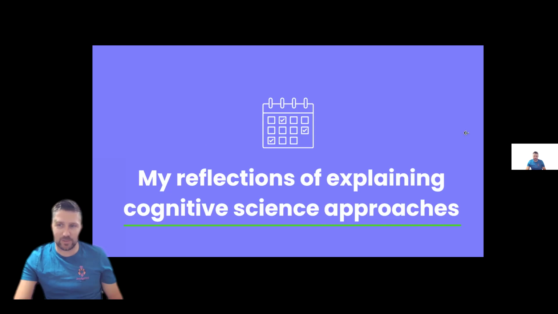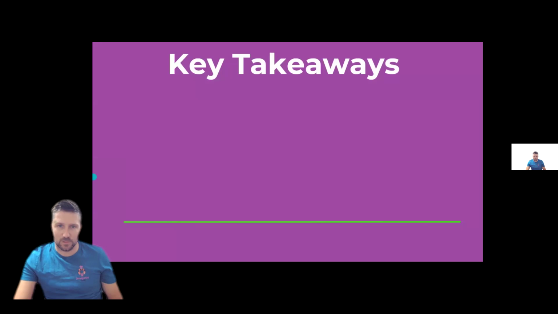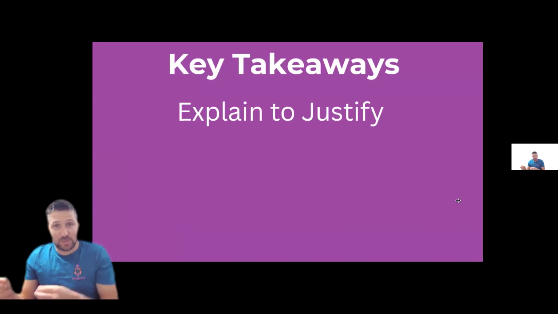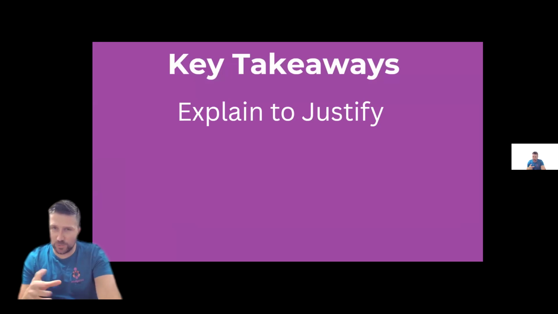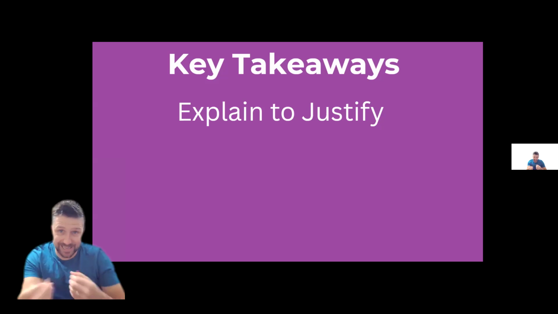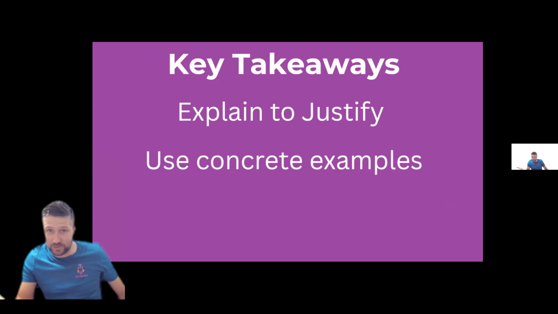So some of the key takeaways that I really want you taking away from this. We explain to justify why we are doing something. So I'm going to explain distributed learning theory very briefly to my students, so I can justify what I'm doing, and that gets their buy-in. I use concrete examples like, can you tell me what you had for breakfast this morning, as opposed to, can you tell me what you had for breakfast last week, last month, a year ago?